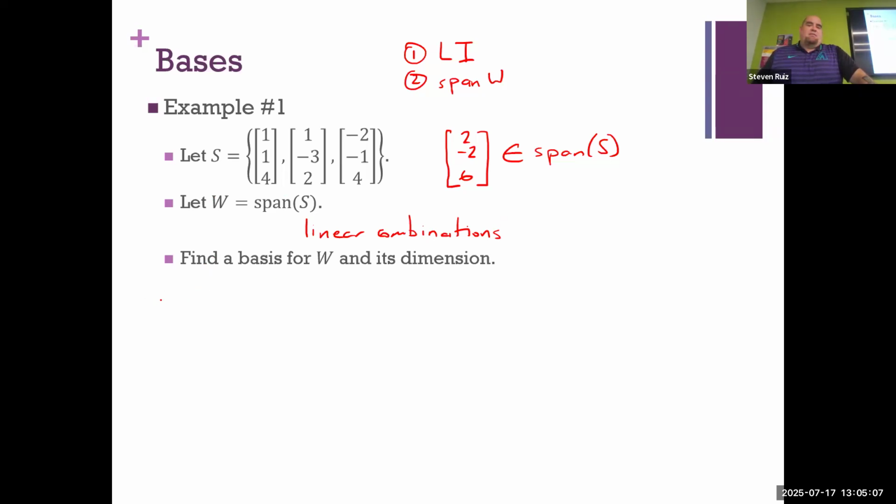So let's remind ourselves what linear combinations are here. I have 3 vectors. The way I can make any linear combination of them is to multiply the first vector by some constant, multiply the second vector by some constant, multiply the third vector by some constant.